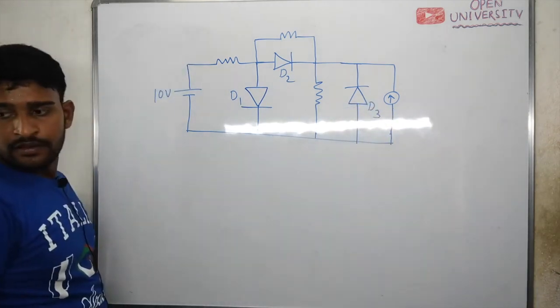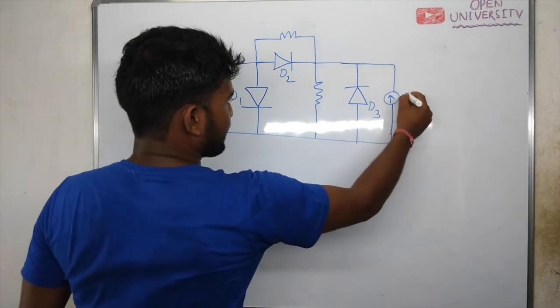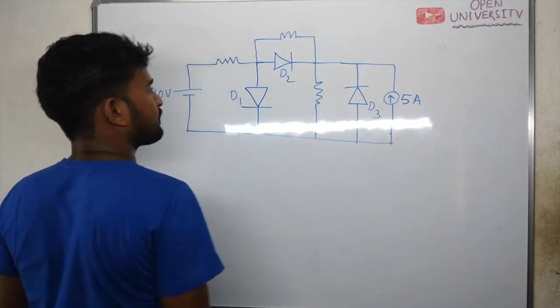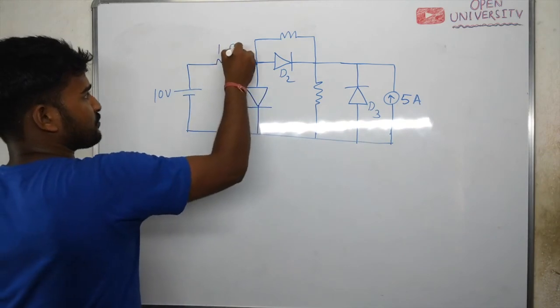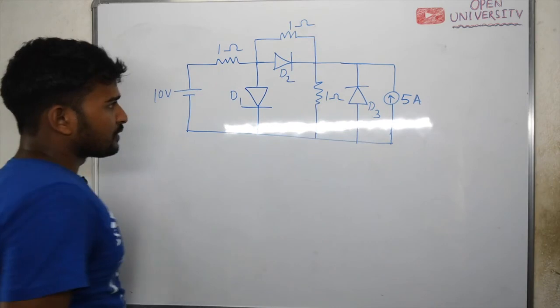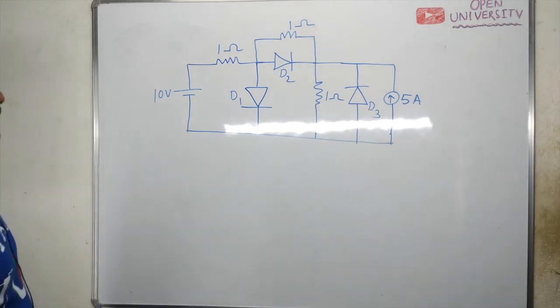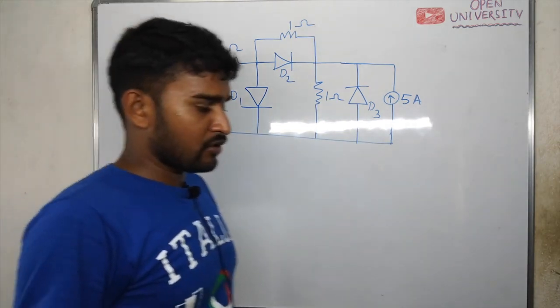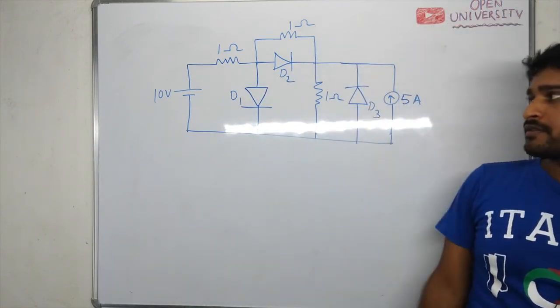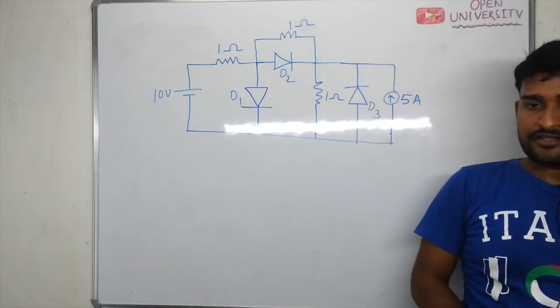This current source value is 5 ampere, and this resistance value is 1 ohm, this is also 1 ohm, and this is also 1 ohm. The question is to find out the states of each diode.